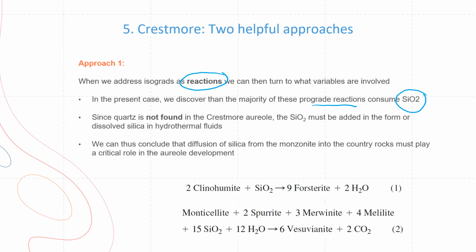Since quartz isn't found in the Crestmore aureole, the SiO2 must be added in the form of dissolved silica in hydrothermal fluids. We can thus conclude that the diffusion of silica from the monzonite into the country rock must play a critical role in the aureole development. So you can see here the SiO2.